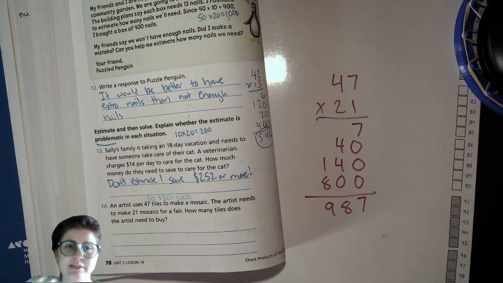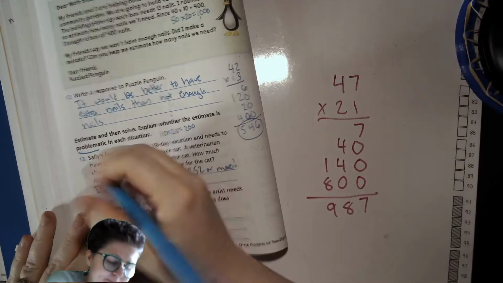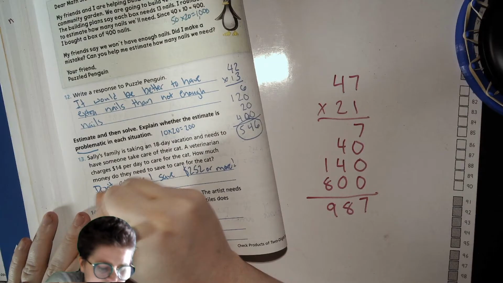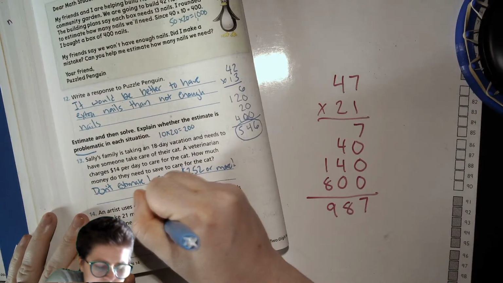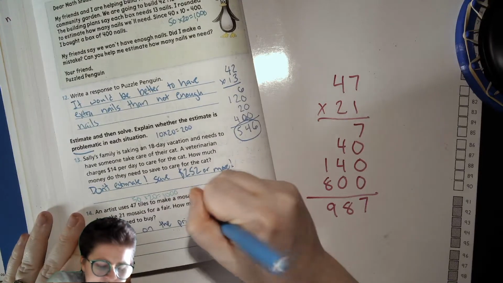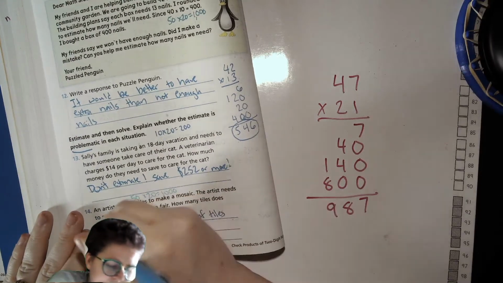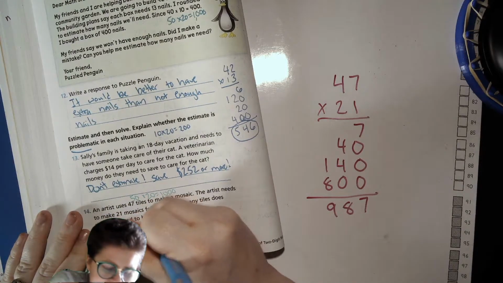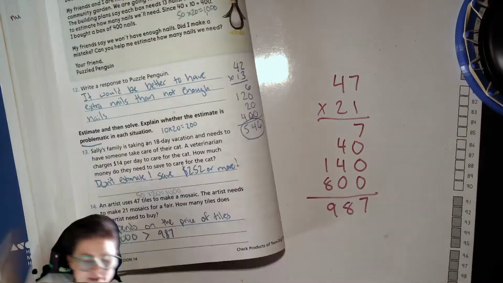You probably want to only spend the right amount of money. So I would say, depends on the price of tiles. 1,000 is greater than 987, which is what they needed.